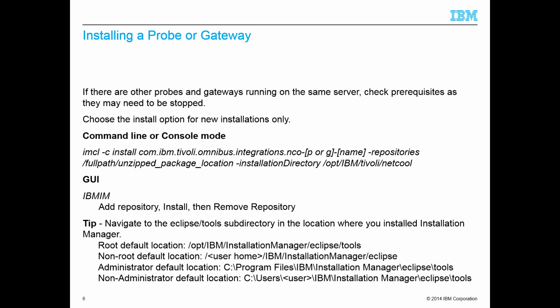The non-root default location is the user's home directory, IBM/InstallationManager/eclipse. On Windows, the administrator default location is C:\Program Files\IBM\Installation Manager\eclipse\tools, and the non-administrator default location is C:\Users\username\IBM\Installation Manager\eclipse\tools.